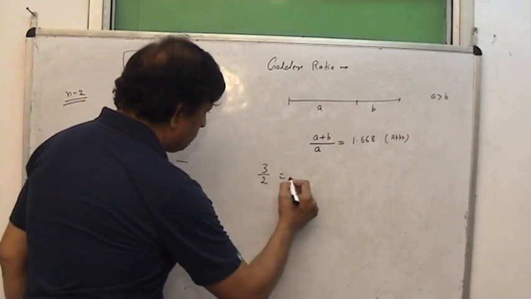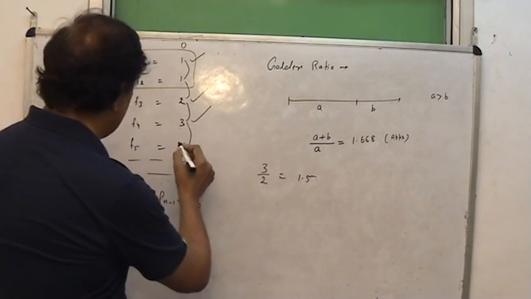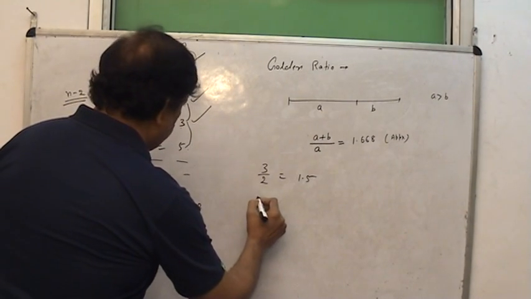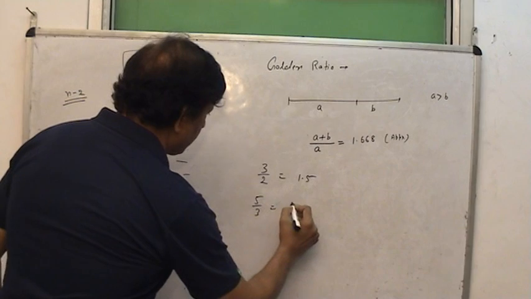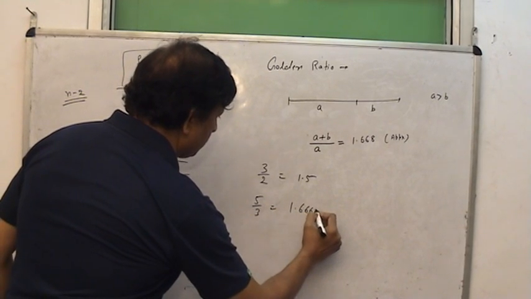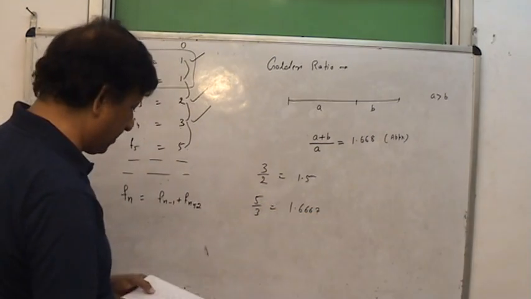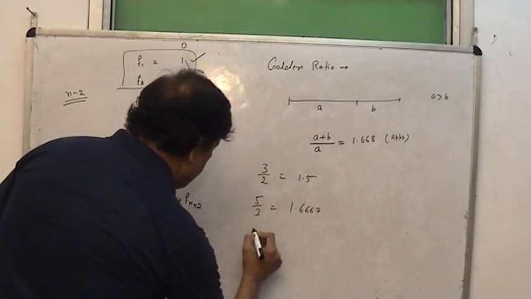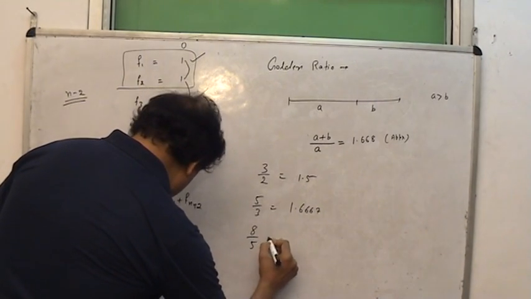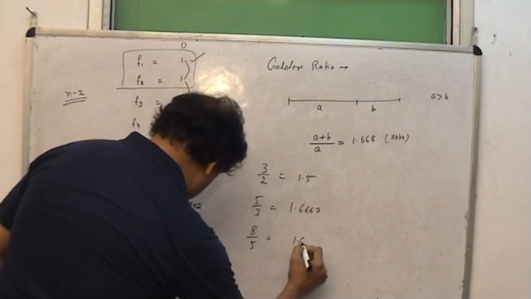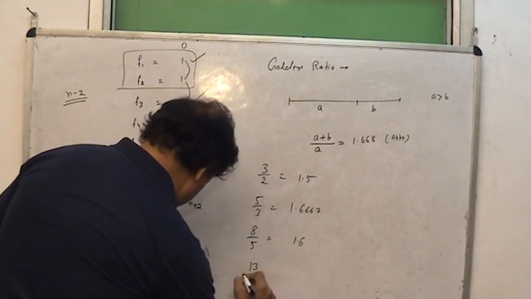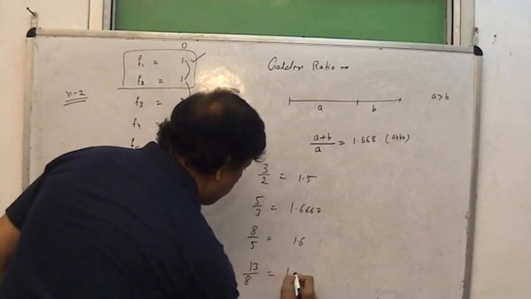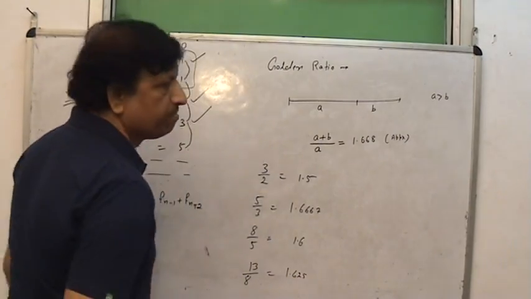Then 3 by 2 is equal to 1.5. After that, 5 by 3, that will come to be 1.667 approximately. Then 8 by 5, that you will find 1.6, and then 13 upon 8, that is equal to 1.625.